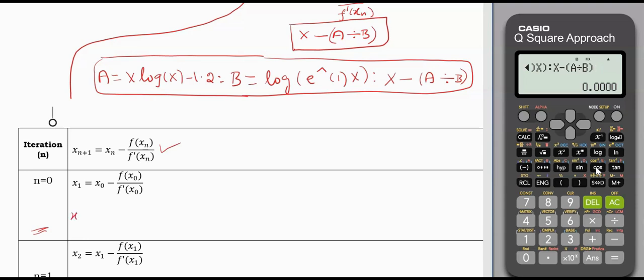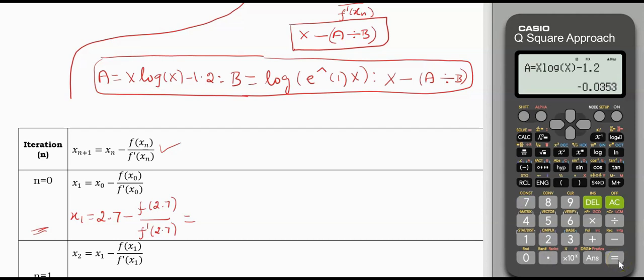So x1 is equal to 2.7 minus f of 2.7 divided by f dash of 2.7, which is equal to, from the calculator, press calculation button and give x value 2.7, then press equal.